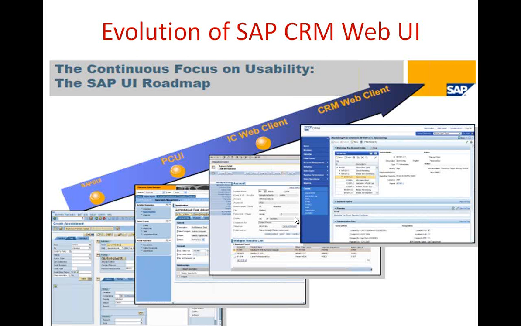So there is a need to know the BSPs. In the course agenda I'll take you through each and every concept we are going to deal with in detail. So this is a small roadmap to the evolution of user interfaces in SAP CRM.